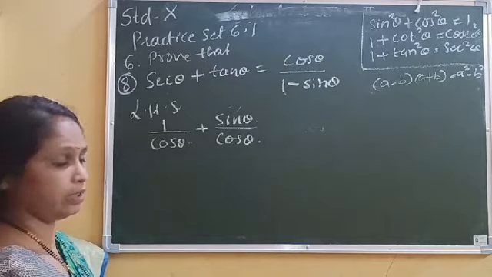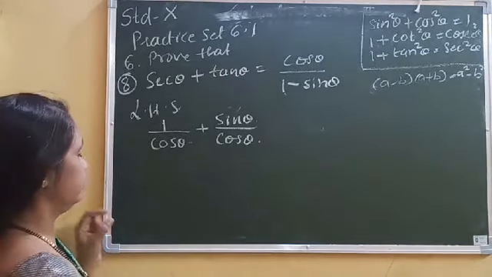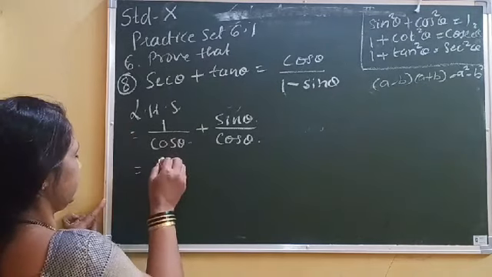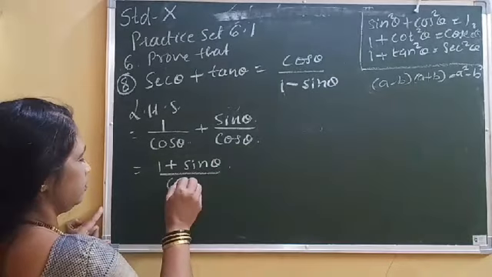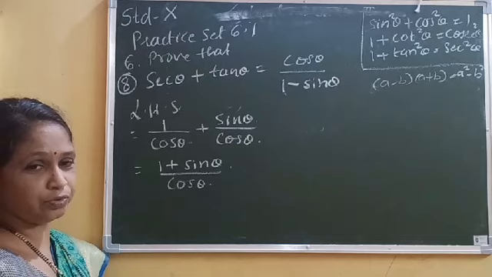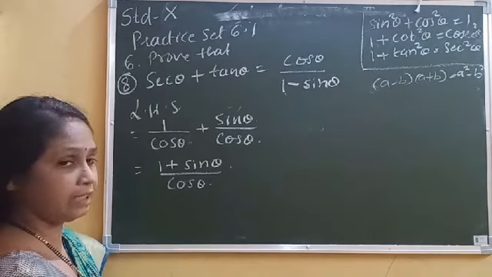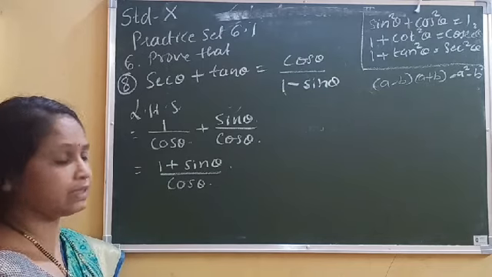Now what will we do? The denominators are the same, so we get 1 plus sin theta upon cos theta. Next step, multiply and divide by 1 minus sin theta.